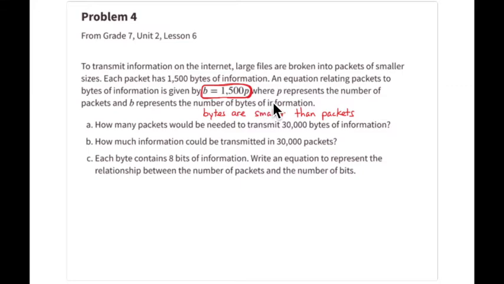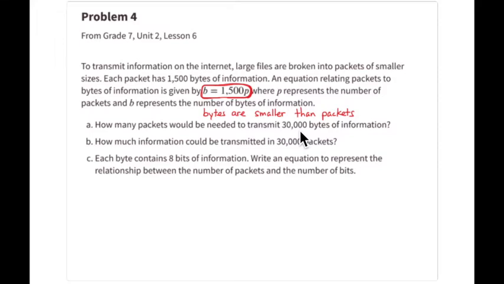So the main idea here is to realize that bytes are smaller than packets. So you need a whole lot of bytes to get the same amount of information in packets. So how many packets would you need to transmit 30,000 bytes of information?